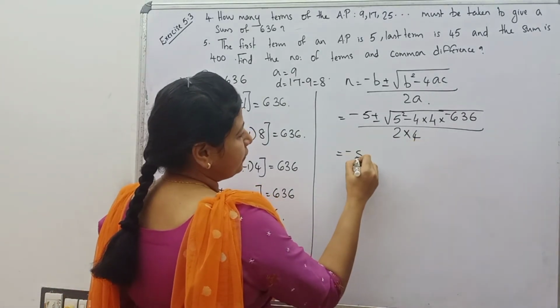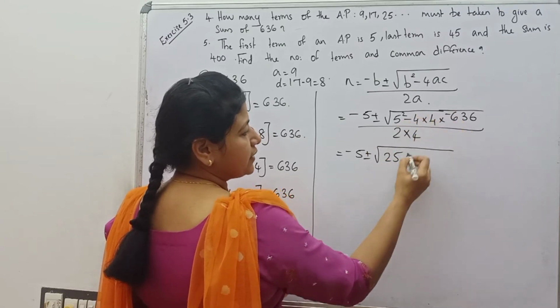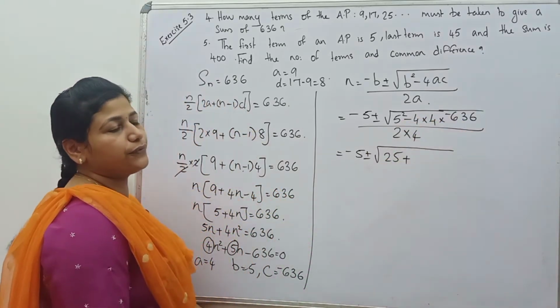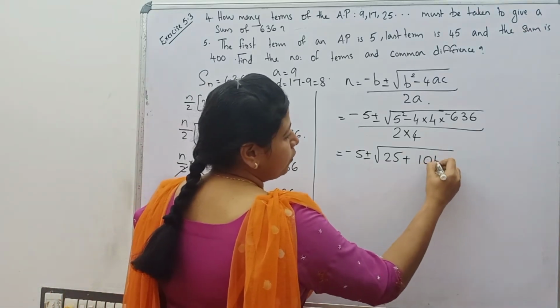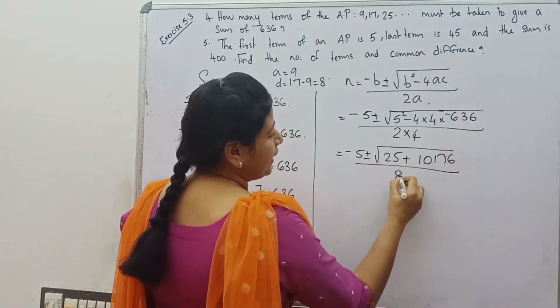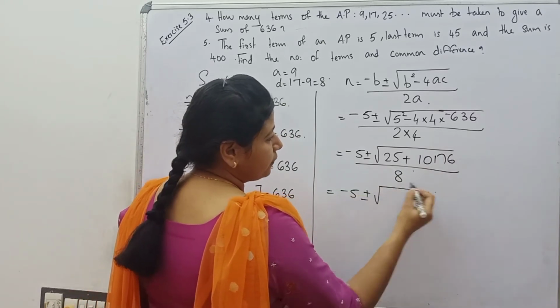So I'll get negative 5 plus or minus 5 square is 25. Negative into negative is plus. Okay, 4 into 4 into 636, 10176, by 8. So we'll get negative 5 plus or minus root of 10201 by 8.